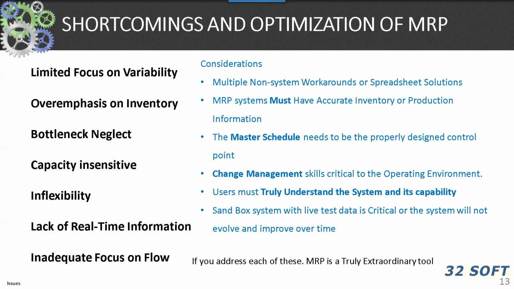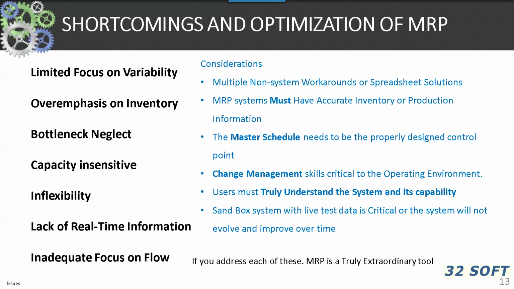Some considerations you should keep in mind when you look at MRP: if you don't have MRP working, it can quickly disintegrate into multiple non-system workarounds, or what we call spreadsheet solutions. MRP must have accurate on-hand and production information. And the master schedule needs to be properly designed as a control point. We'll talk about that when we look at the workbench.